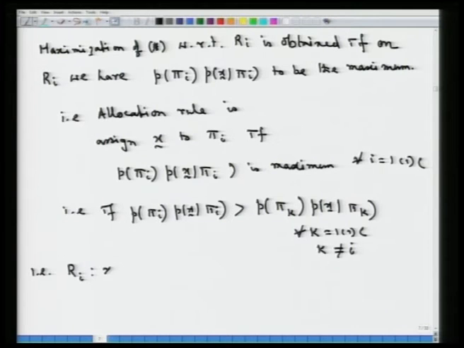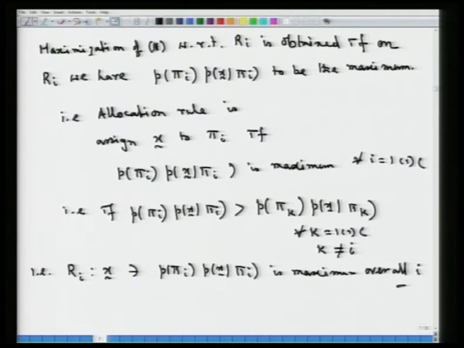So, this is what is going to give us a partition, that is, in other words, Ri is the region of x's such that this term p(πi) into p(x given πi) is maximum over all i. So, that is basically what is going to lead us to this particular region, and hence if we have this as Ri, we can construct all the other regions.